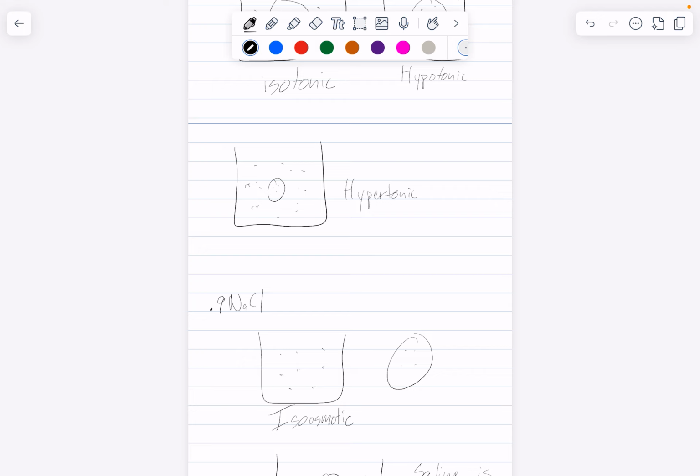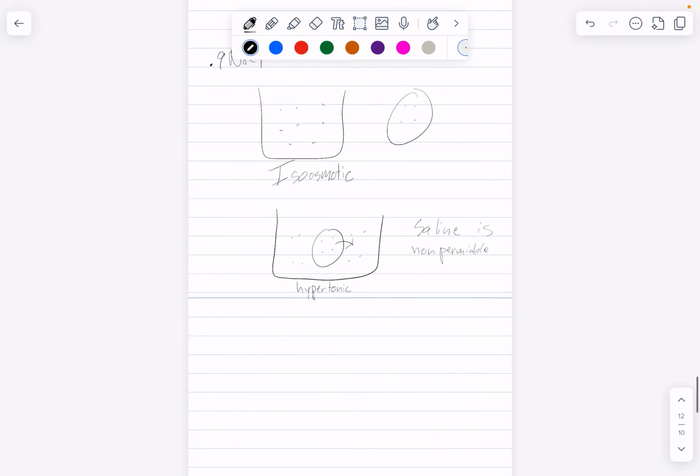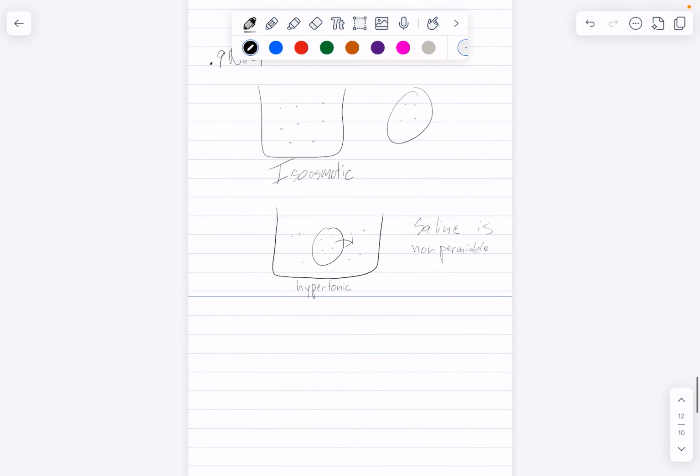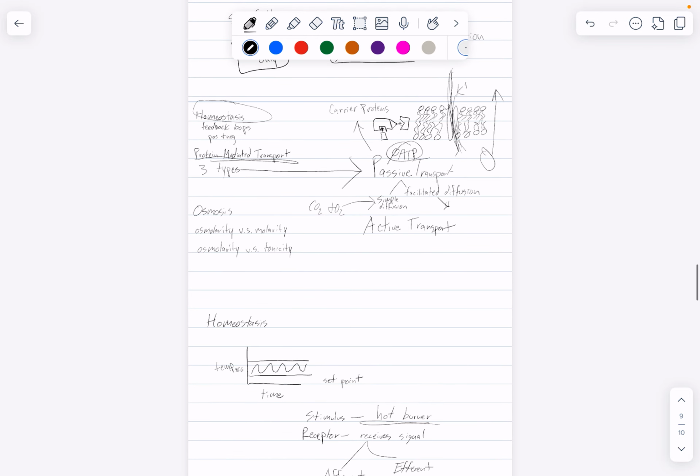So tonicity is when we place the cell into a solution and see what happens. And then osmolarity is when we just count the number of particles. And yes, that is osmolarity and tonicity.